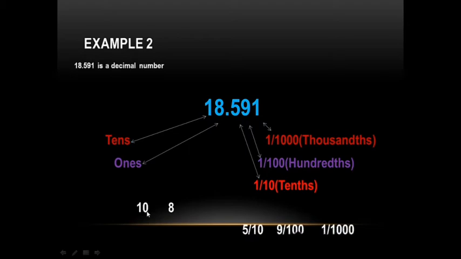Then the decimal numbers which are given at the right side of a decimal point, in that the expanded form is written as 5 can be written as 5 by 10 because it's the 5 out of 10th part, and then 9 can be written as 9 by 100, and 1 is written as 1 by 1000. So this is how we have to write the expanded form of a decimal number.